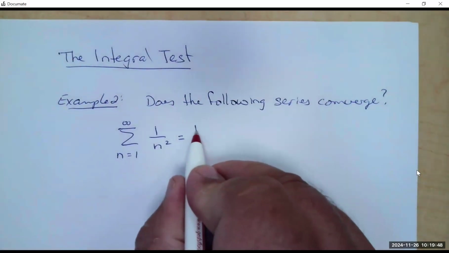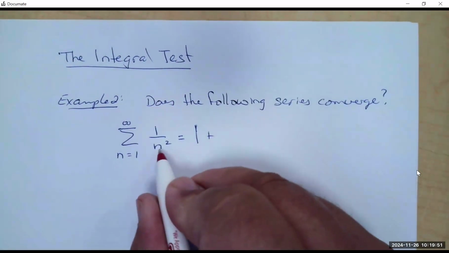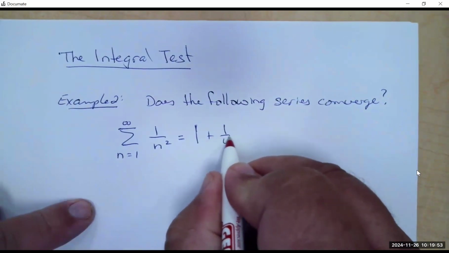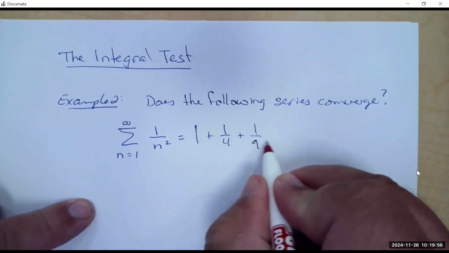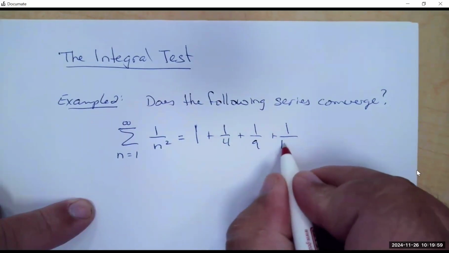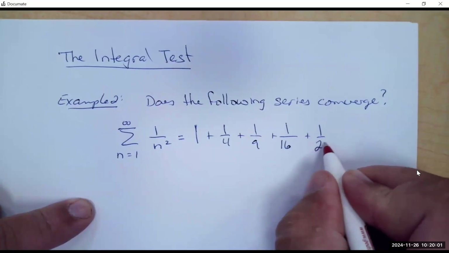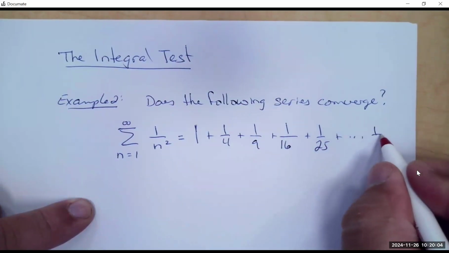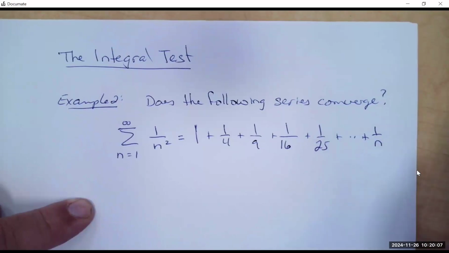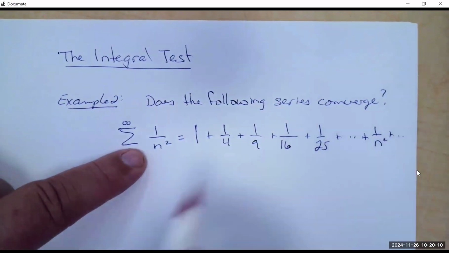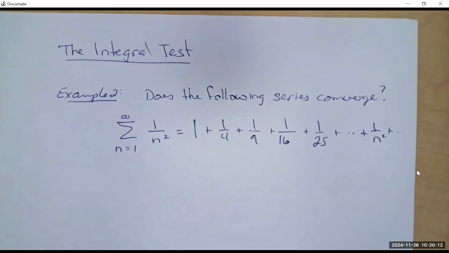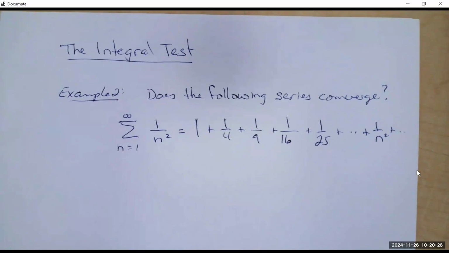So that's going to equal 1/1, which is 1. At 2, it's 1/4. At 3, it's 1/9. At 4, it's 1/16. 1/25, and so on and so forth to 1/n squared, all the way to infinity. So does it converge or does it diverge? Well, let's see. We can't just look at that. We have to look at the terms themselves.